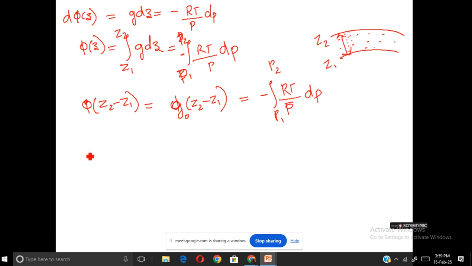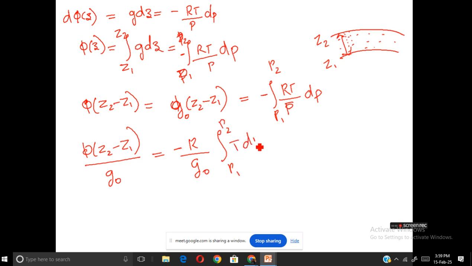If we divide the whole thing by g0, phi of Z2 minus Z1 by g0 is equal to minus R by g0 into integral P1 to P2 T into dp by p, or phi by g0 can be written as geopotential height at Z2 minus geopotential height at Z1.